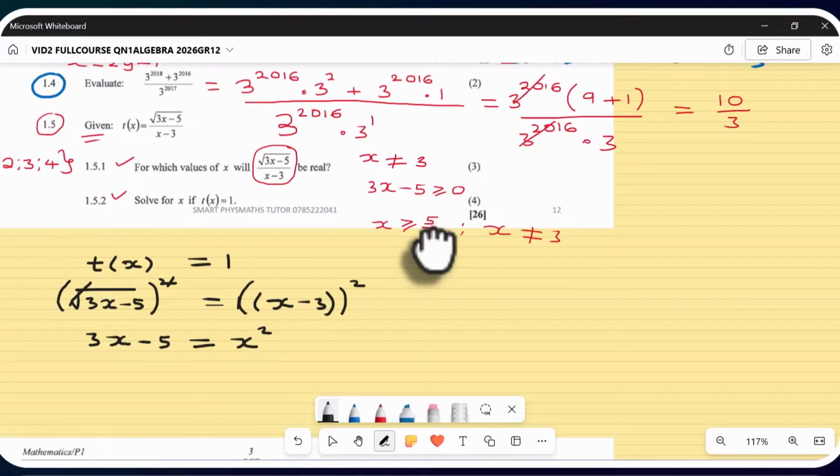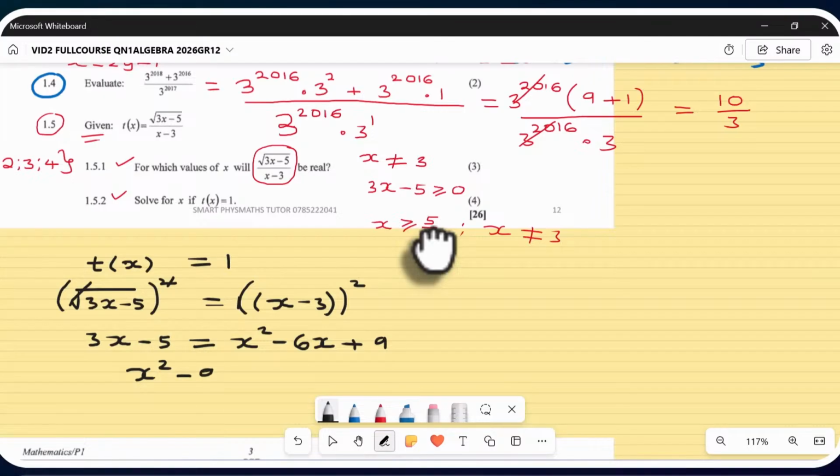But from our restriction here, we can check and see which one is going to give us what we want. Our expression here, if we check with the 2: 3 times 2, that is 6. 6 minus 5, that is 1.